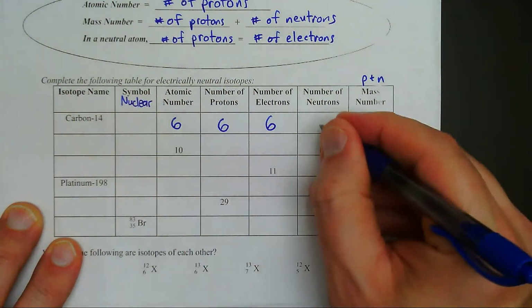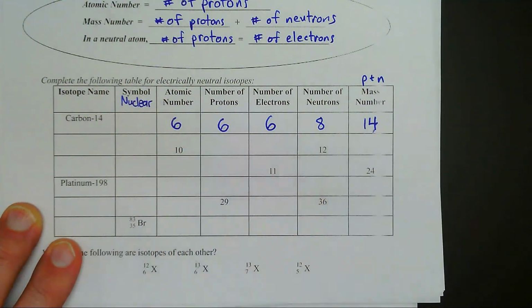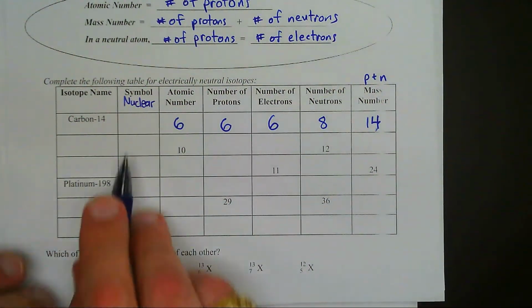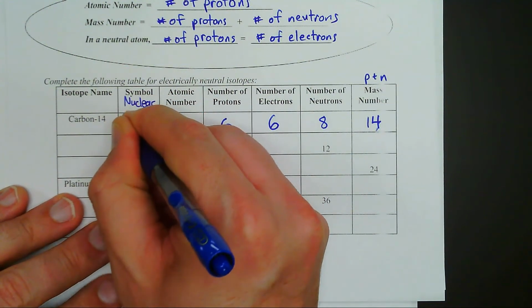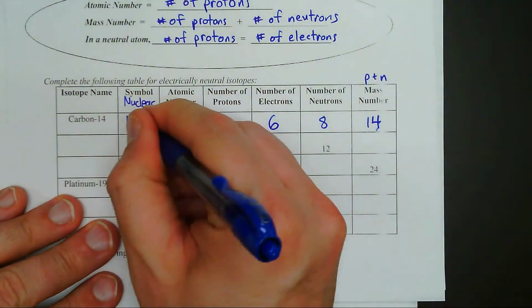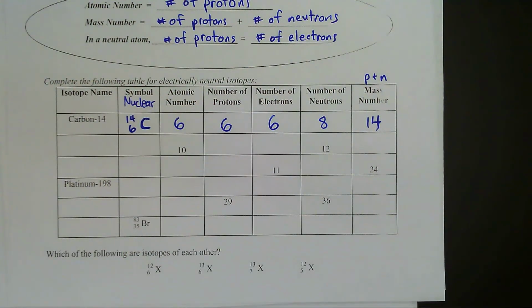So this would have to be 8. 6 plus 8 equals 14. Now, for the nuclear symbol, I'm supposed to put the mass number on top of the atomic number, followed by the atomic symbol. Okay? So we did number 1 there.